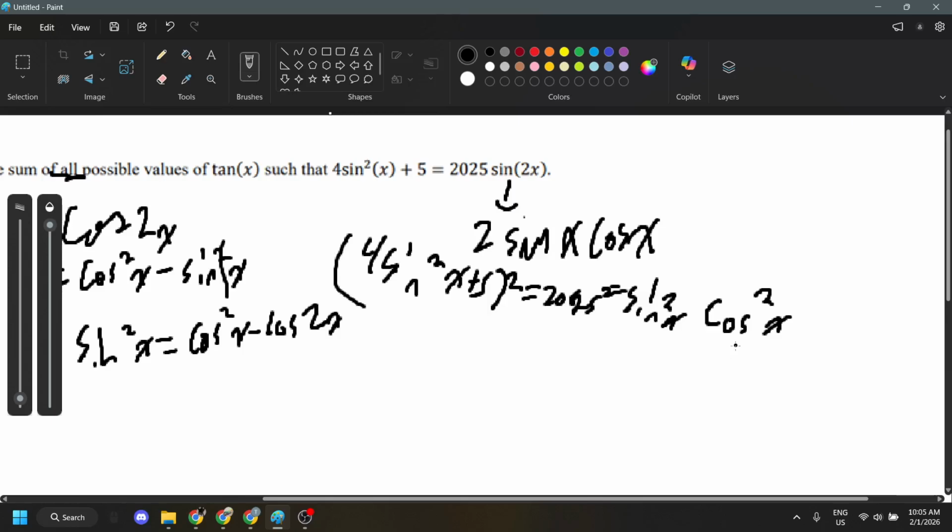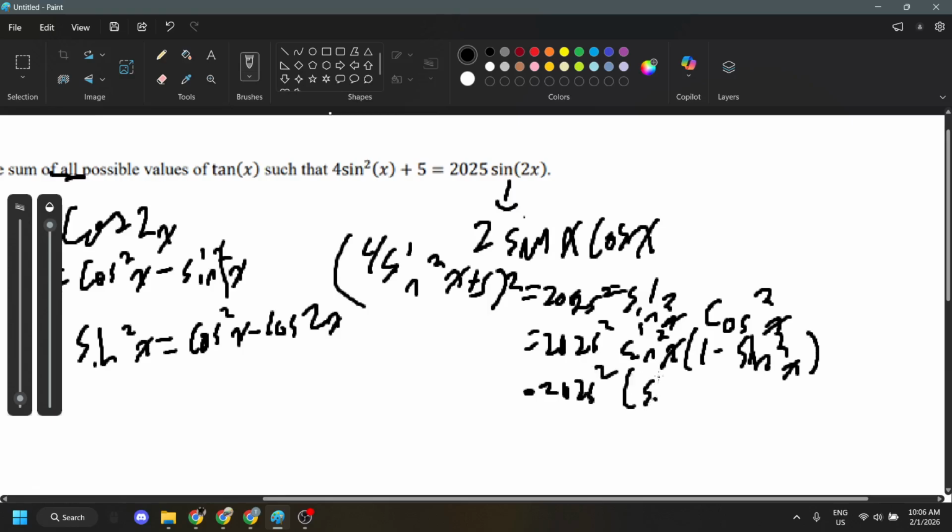And we turn cosine squared x into 1 minus sine squared x, so this is equal to 2025 squared sine squared x times 1 minus sine squared x, which is 2025 squared times sine squared x minus sine to the 4th x.